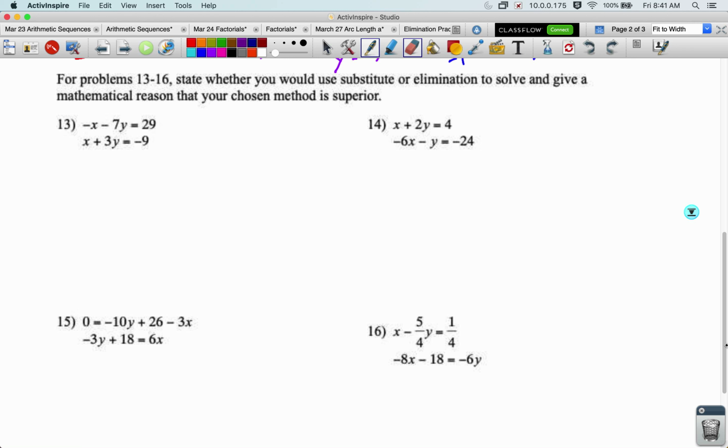All right, for the last problems, we need to pick a method, either substitution or elimination, to solve and then explain why we picked that method. So for 13, I'm going to pick elimination because we already have a zero pair.